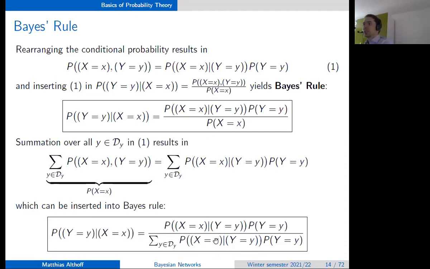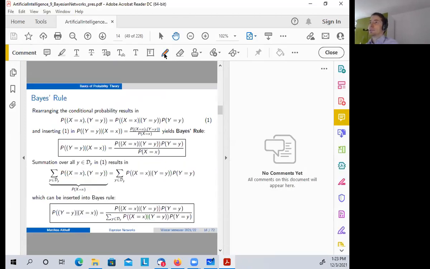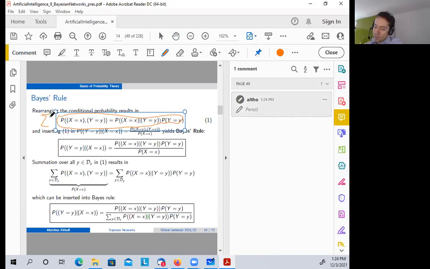I can just use my pen for those who couldn't follow. Essentially we take this formula and sum both sides over all values of y. As shown here, the left part is the same as the probability of x.